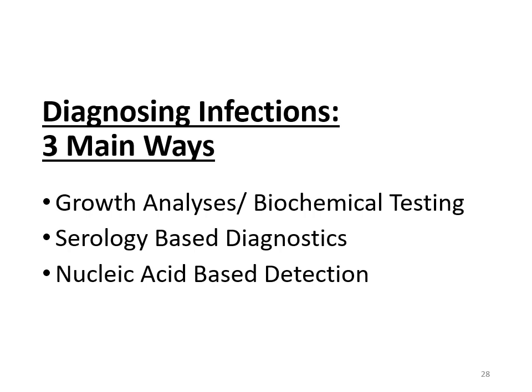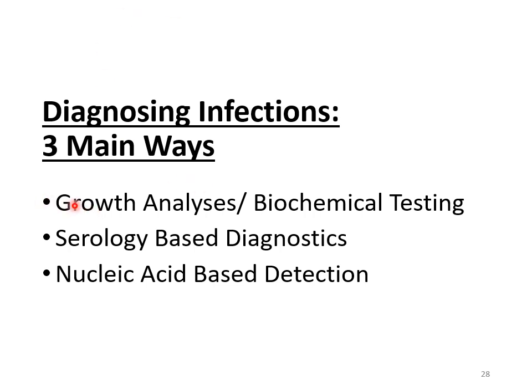Now, what I want you to be aware of are the three main ways of diagnosing infections, and be able to briefly explain each one, okay? How exactly can that diagnostic technique be used to show whether or not a patient has a particular infection? The three main ways we have listed here are growth analyses or biochemical testing, which is the first one.